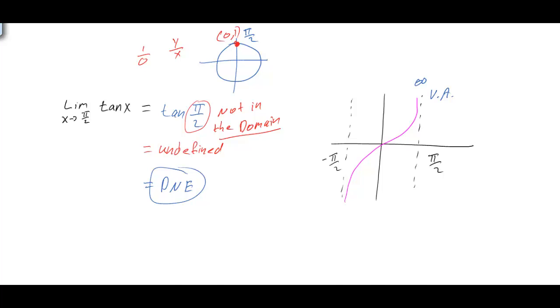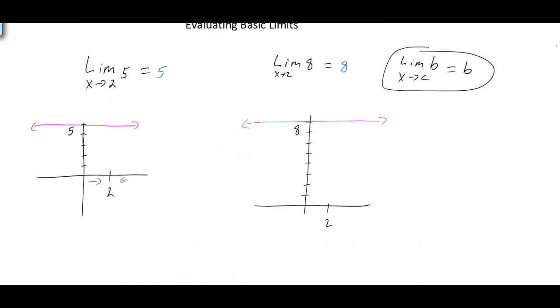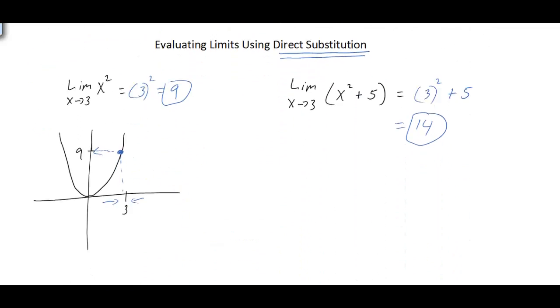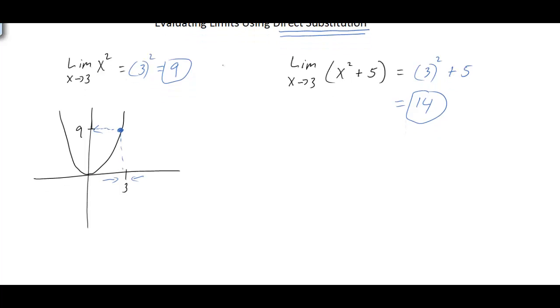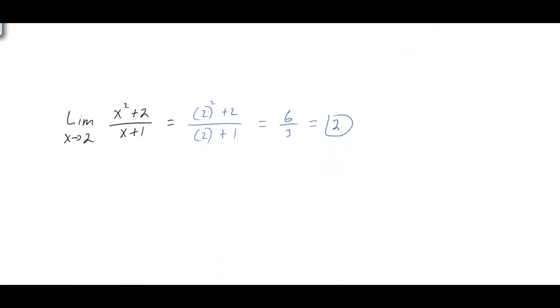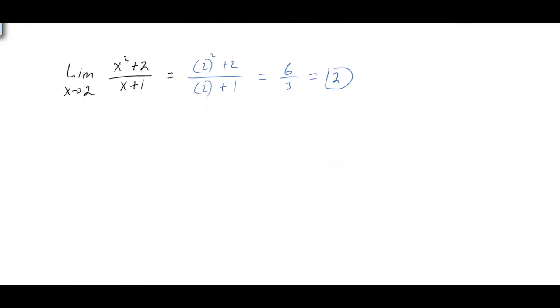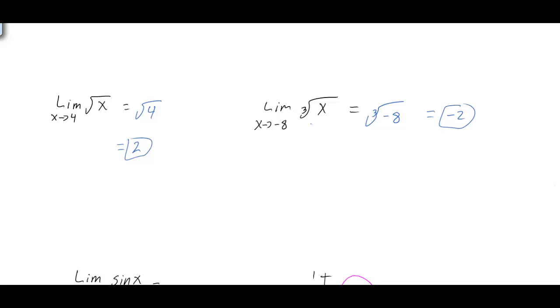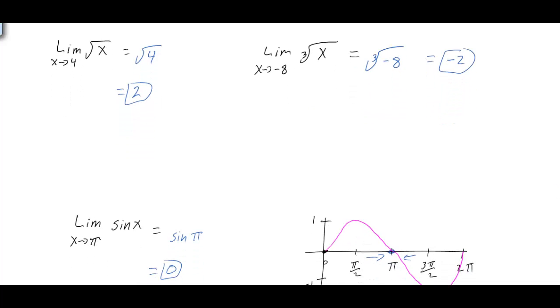Okay, so to quickly review here, if we go back up: the basic limit of a constant function is always going to be that constant. If you have a nice polynomial function, we can simply use direct substitution. And even other functions, such as a rational function or a square root or cube root function, as long as you can substitute in without it being undefined, you can still use direct substitution.